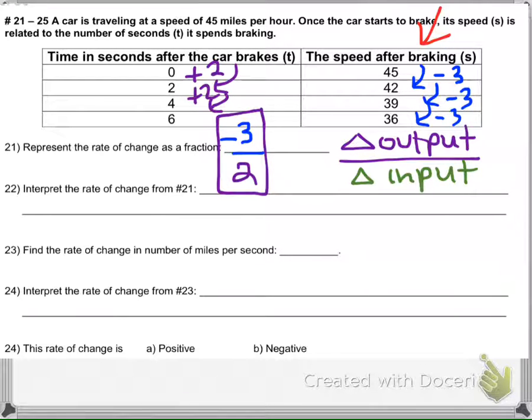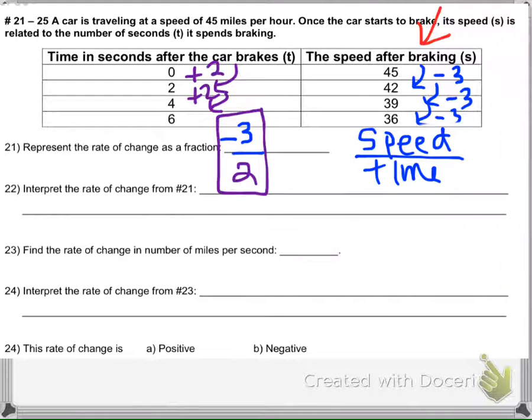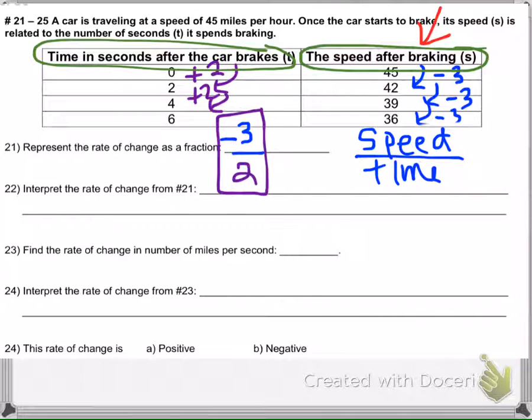And then it wants us to interpret what -3/2 means. Well, the -3 is the speed after braking, and the 2 represents the time in seconds after the car brakes. So that's what we need to explain. The speed of the car, and then the negative represents decreases.